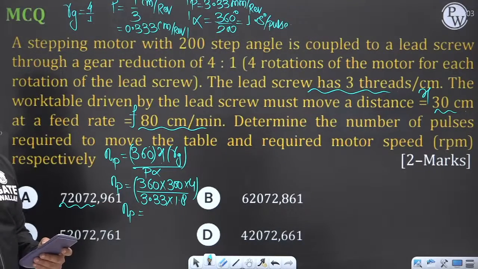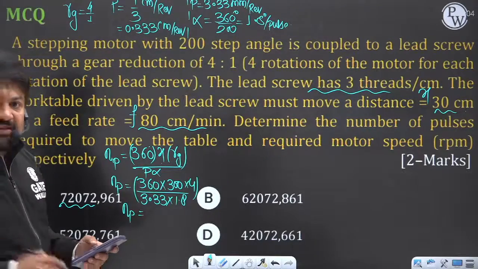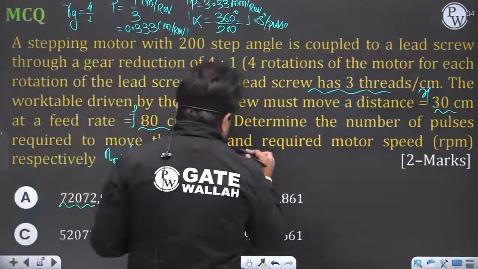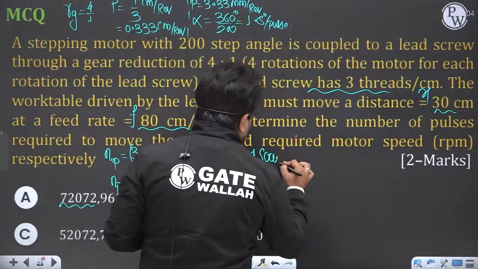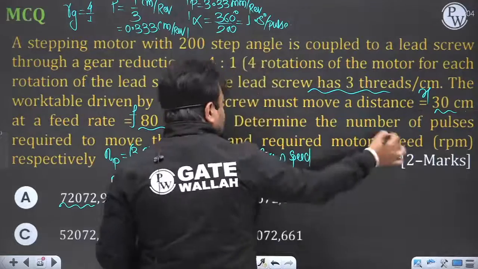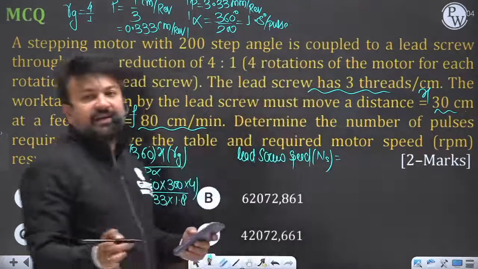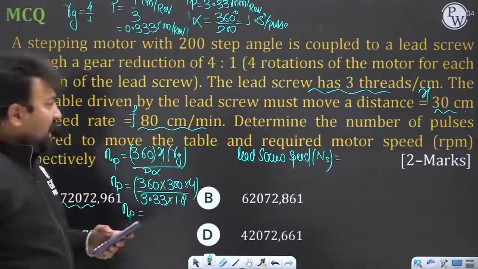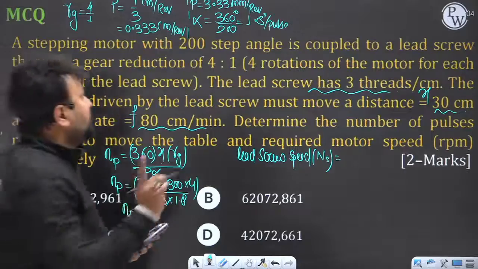Now, my dear, he wants to know the required motor speed. First of all, find out the lead screw speed in terms of RPM. He's talking about the RPM. Here the table feed is given, and the pitch is given.